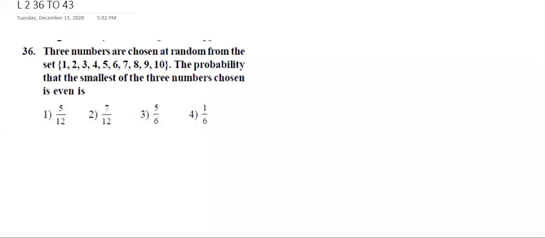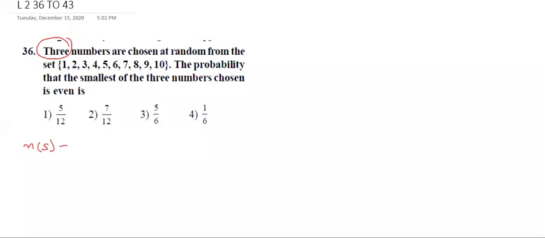Three numbers are chosen at random from the set 1 to 10. The probability that the smallest of the three numbers chosen is even. First, we need to find the possible cases.